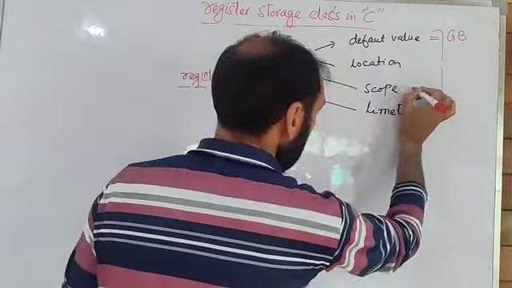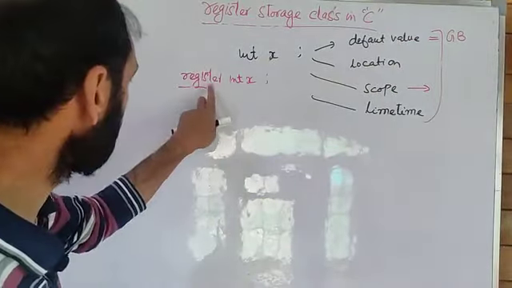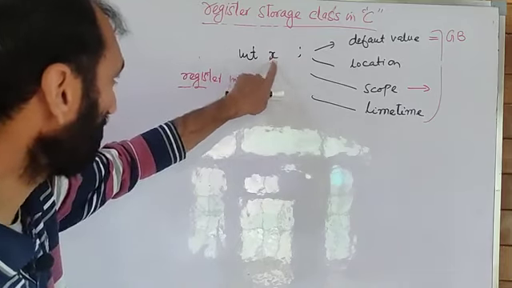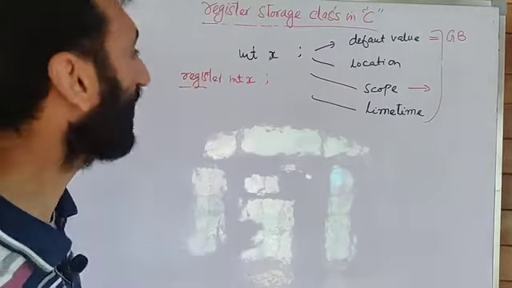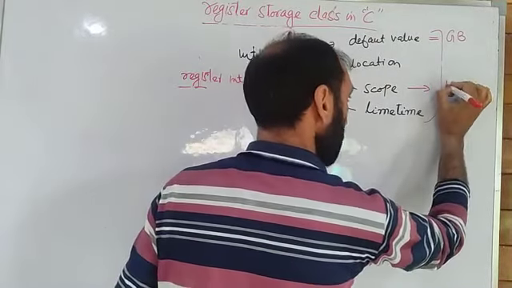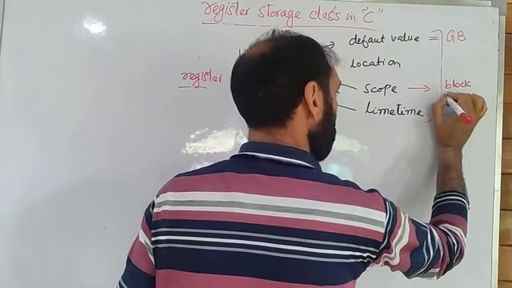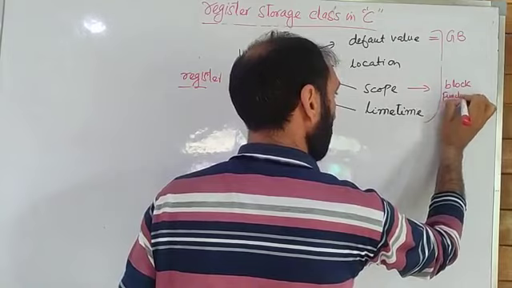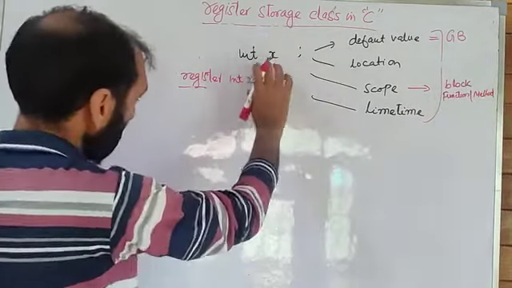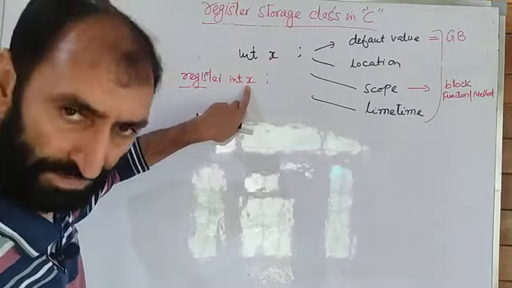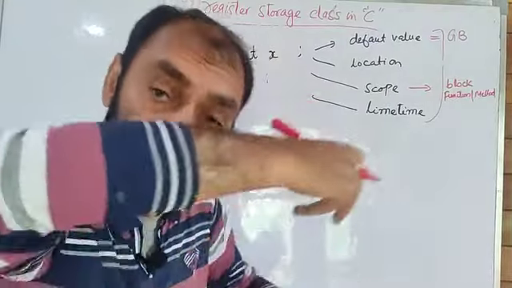And third, scope. What would be the scope of this variable when the storage class associated with it is register? At that time, the scope would be either block scope or function scope, or you can say method scope. That means the scope of this variable is within a block or within the function in which that variable has been declared.